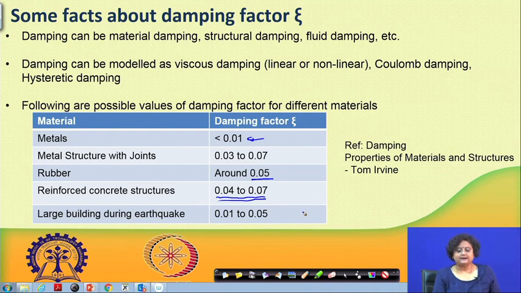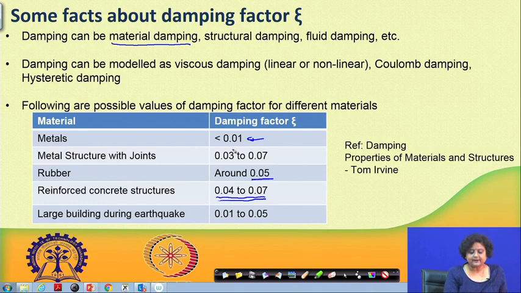There is another thing I want to highlight from this slide: damping not only depends on the material we use, though of course it does. It will be less for metals, more for concrete, more for rubber. But it also depends on the nature and construction of the structure.